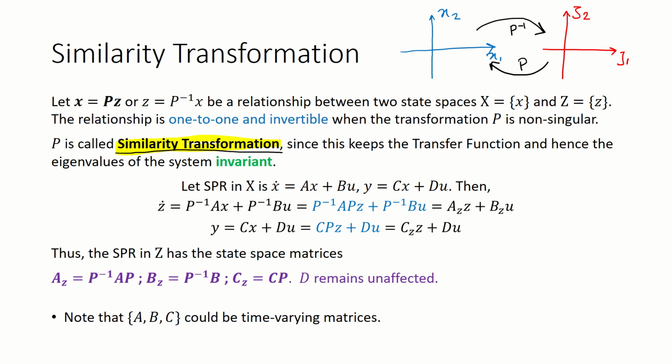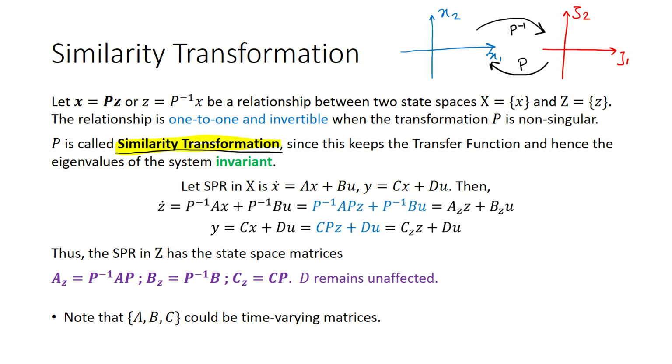If these representations are related by such a non-singular transformation, which is called a similarity transformation, then that similarity transformation must preserve the transfer function even though we have two different state space realizations.